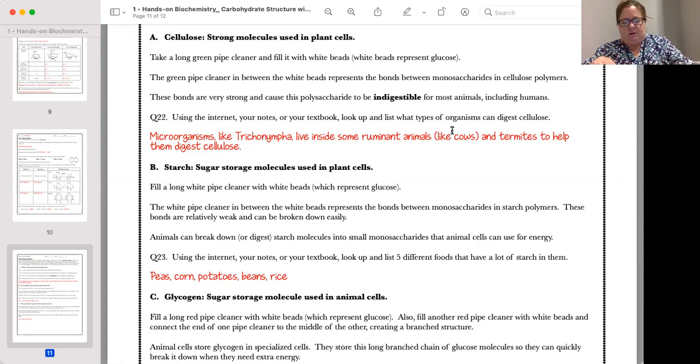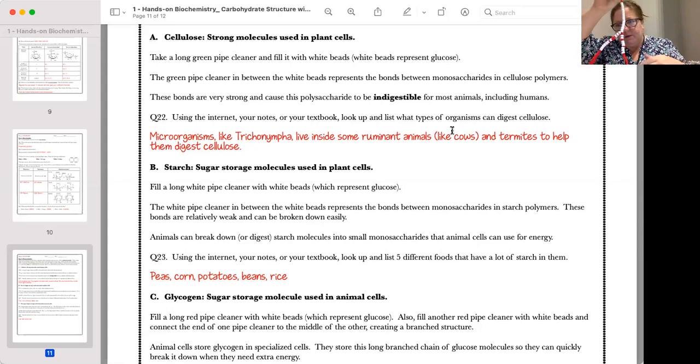Oh, I just dropped beads all over the floor here. Okay, there we go. And then if I fold this back up through here, I can make a glycogen molecule for you. Okay. So here is a glycogen molecule.